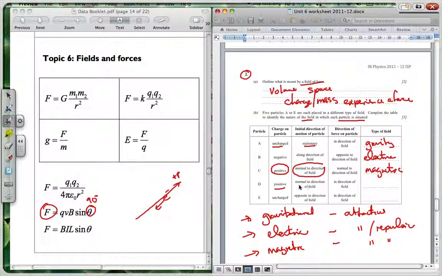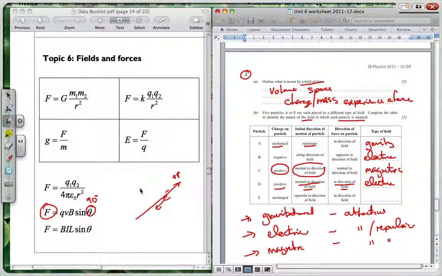Positive, normal to the direction of the field, and the direction of the force is in the direction of the field. This must be electric, because we have here that the direction of the force is in the direction of the field.